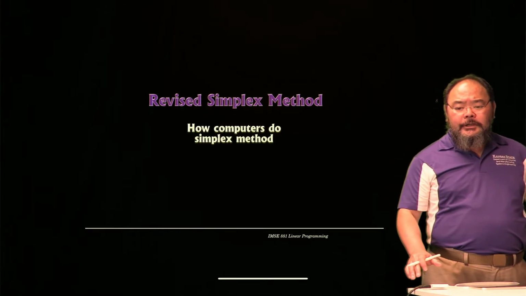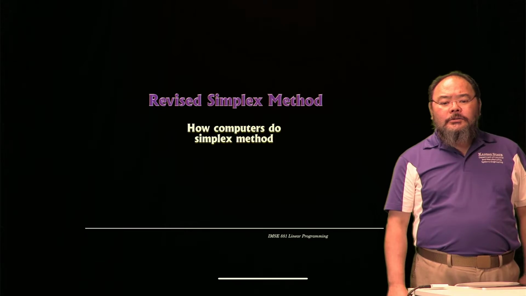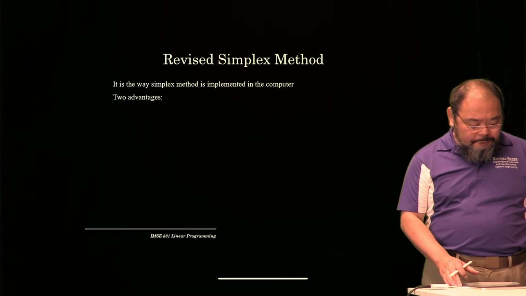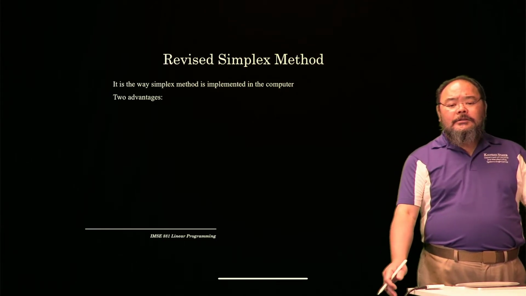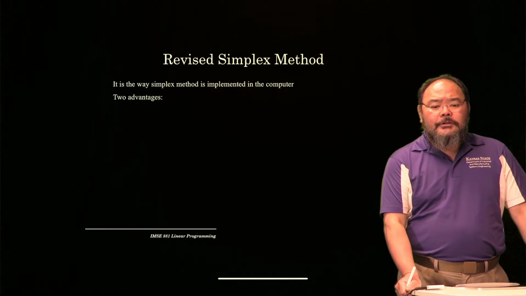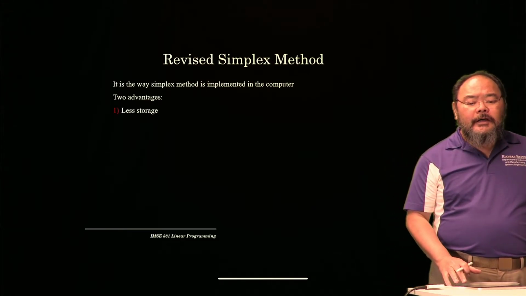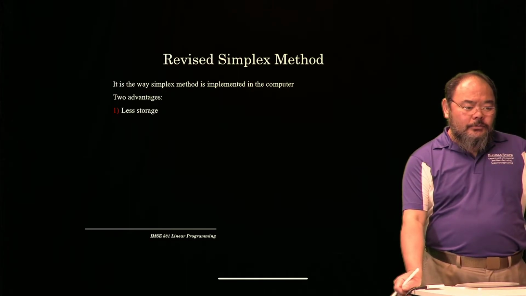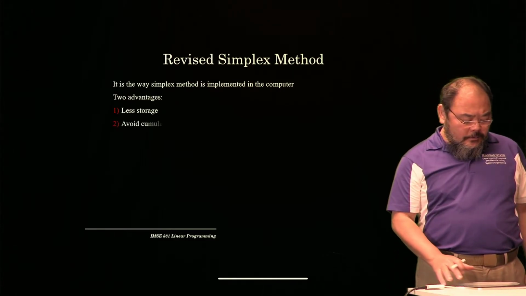Now, we're switching gears. We're going to start talking about the revised simplex method and how the computer actually implements the simplex method, which is our goal. It is the way the simplex method is implemented in the computer, especially in commercial software for solving linear programs. This method has 2 major advantages. First, it takes much less memory storage to run your program, so the program can run larger models in practice.